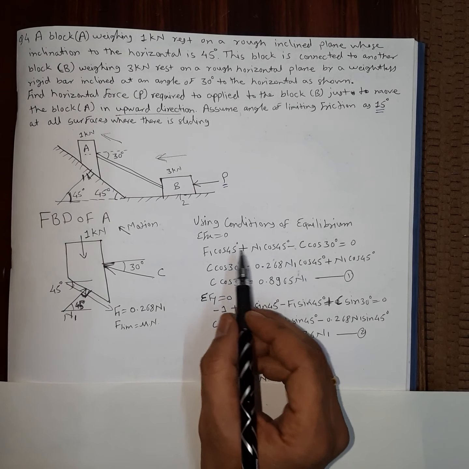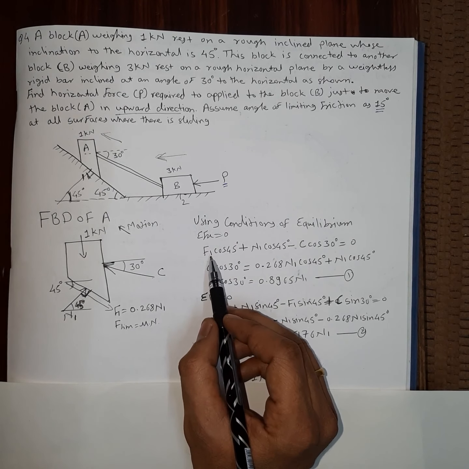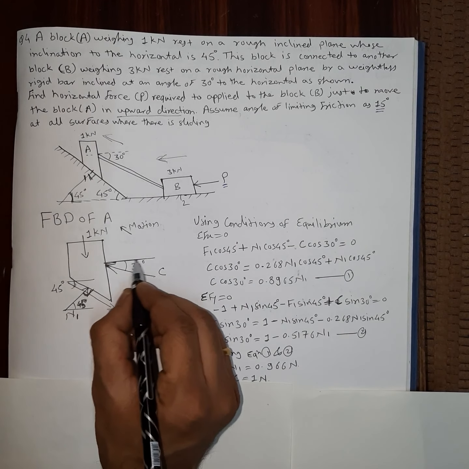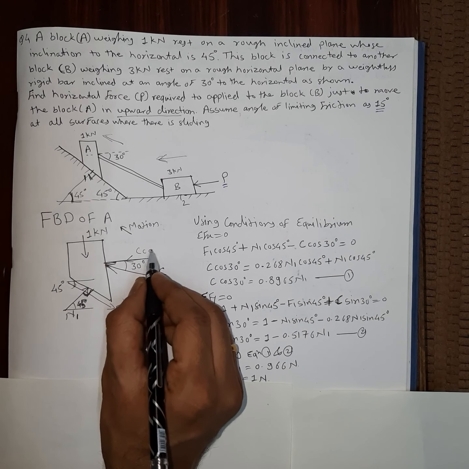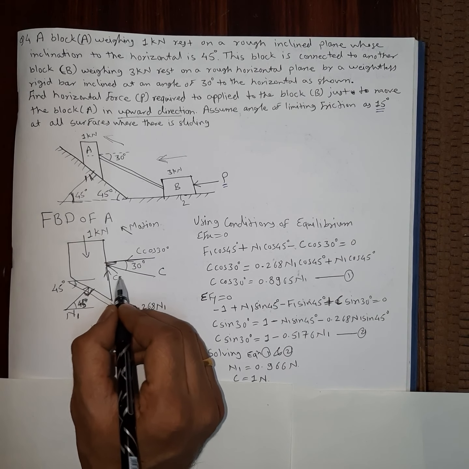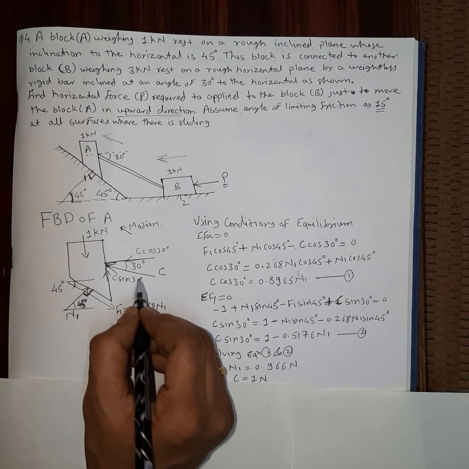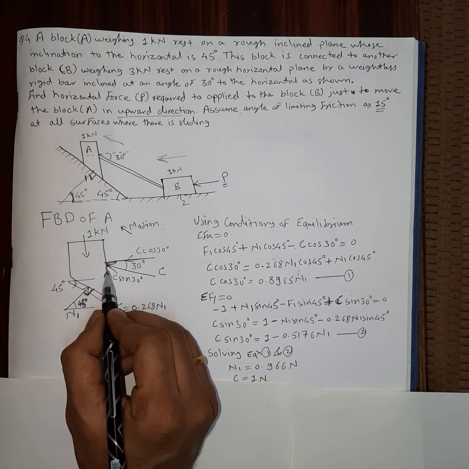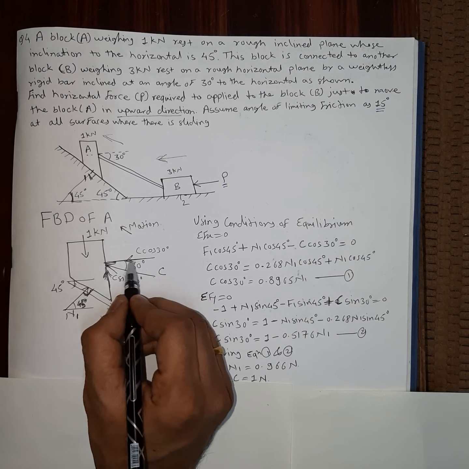So using the condition of equilibrium, summation Fx equal to 0, the forces will be resolved like this. I am showing the resolution here. It will be C cos 30 degree and here C sin 30 degree. This force C is going towards the second quadrant, so the y component will be positive whereas the x component will be negative.